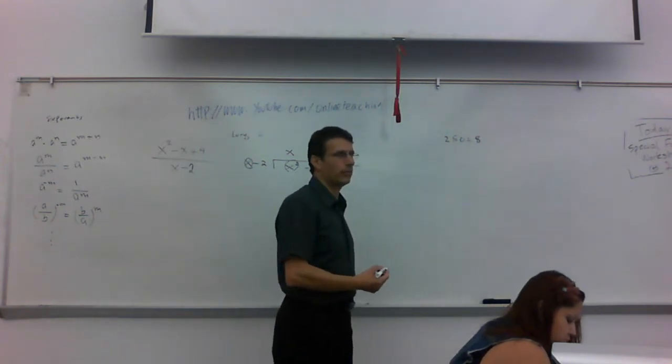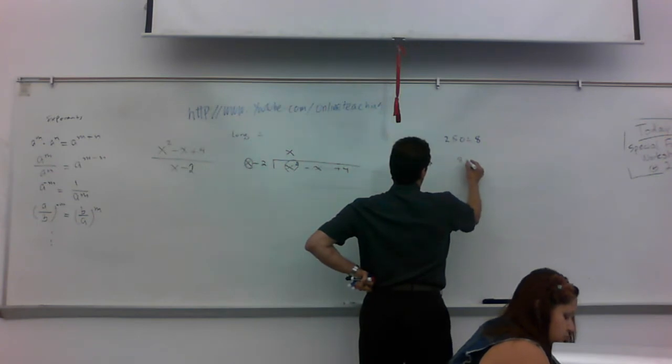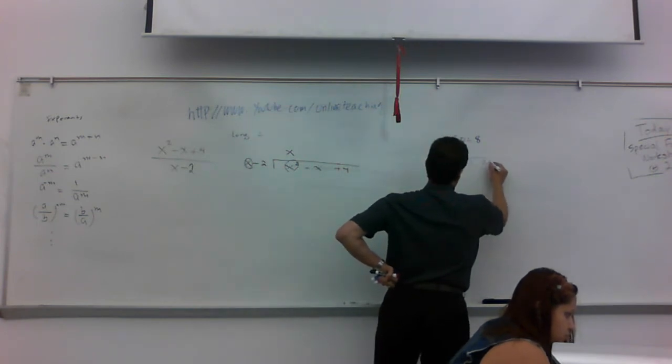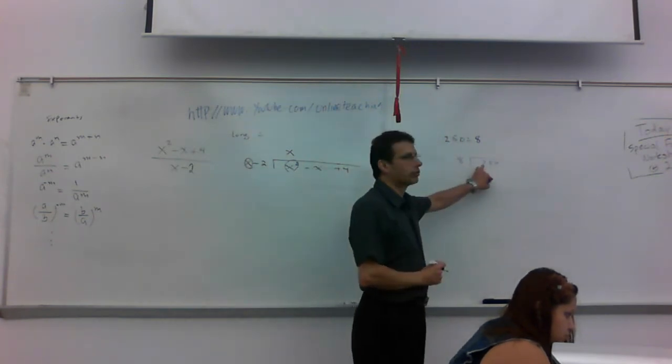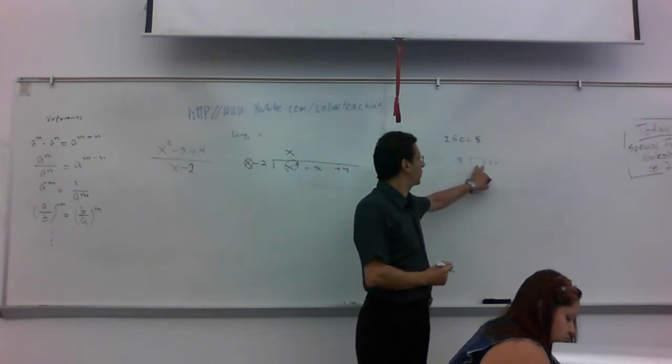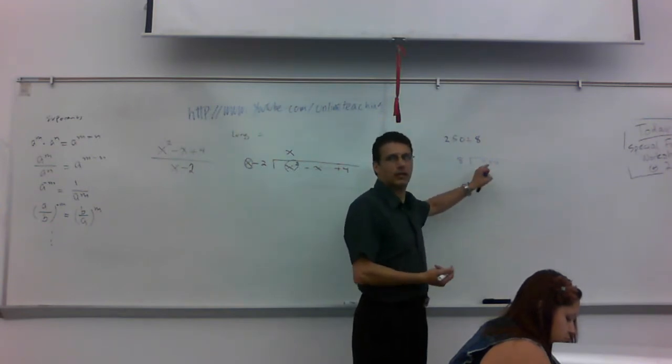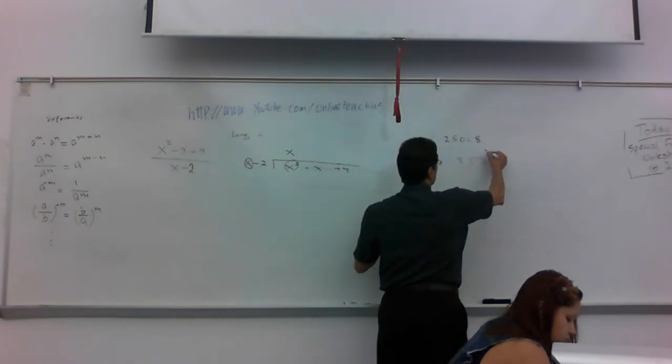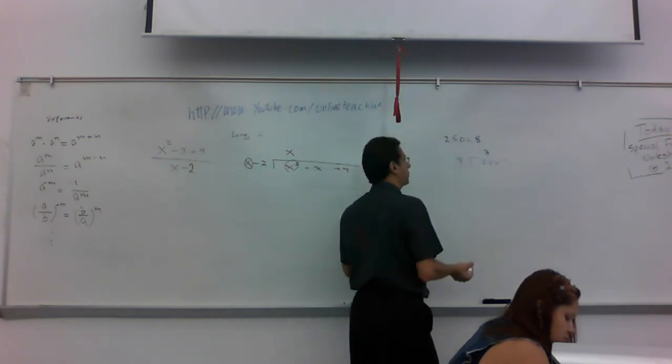Just making up some numbers. Then you would divide in the following manner. You start with 2, right, class? Doesn't work. Then you go to 25, and roughly the answer is what? 2.